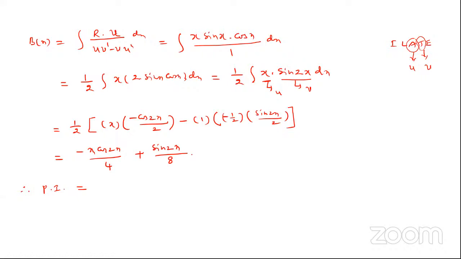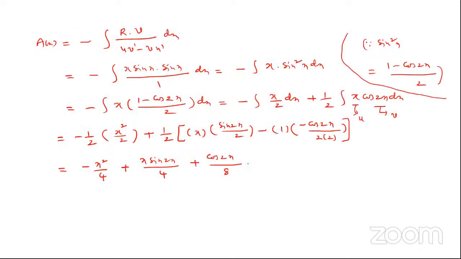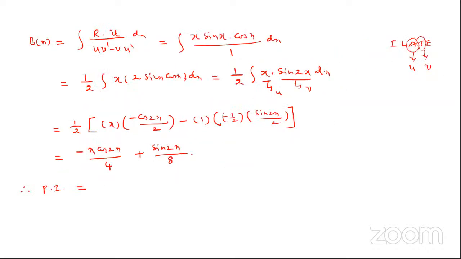u of x, which is cos x. It is possible to write as it is. So this value is minus x square by 4, x sin 2x by 4 plus cos 2x by 8.